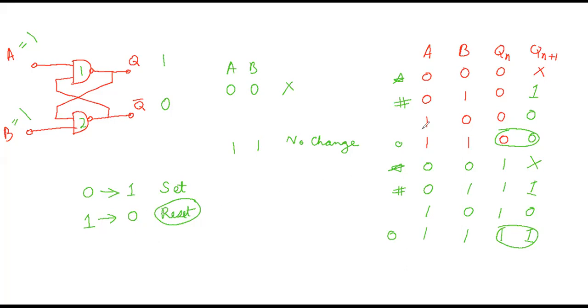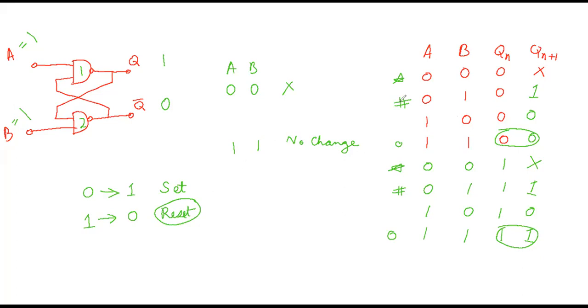So a 0 at A, now check my logic. A 0 at A will reset the system. You check this one and this one also. Sorry, a 0 at A will set the system. Set the system means from 0 to 1.